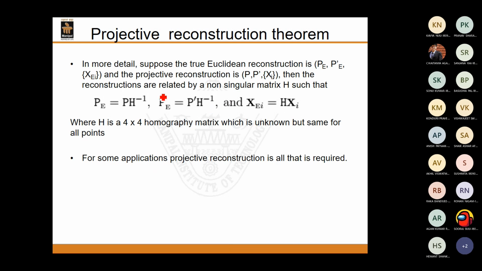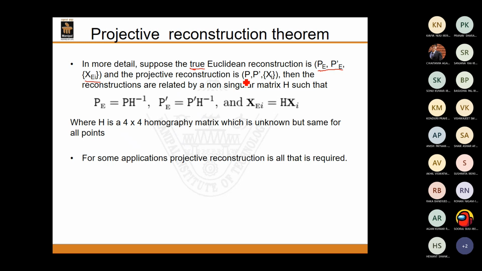Okay, so let us say the true Euclidean reconstruction, that means the true reconstruction, is represented by P_E, P'_E and X_E. P and P' are the camera parameters and capital X is the actual points. These are the true image and 3D points in the scene, right?